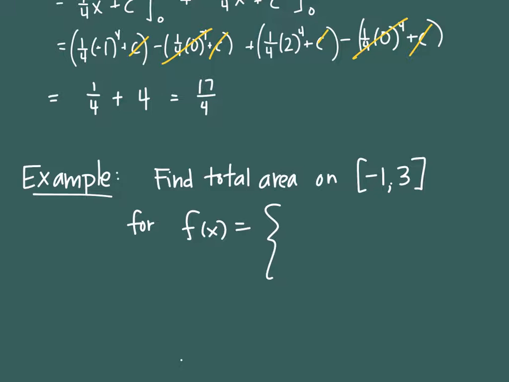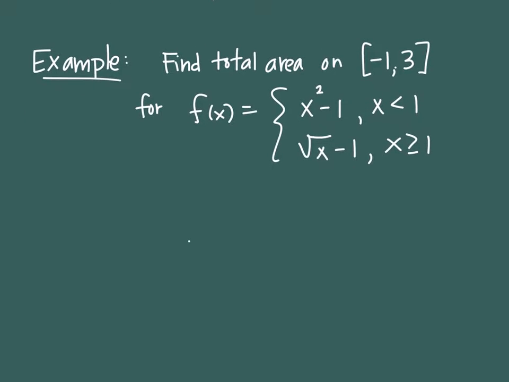So remember, a piecewise function is a bracket, and it's defined as one kind of function for a certain domain, and then a different kind of function for the rest of the domain.